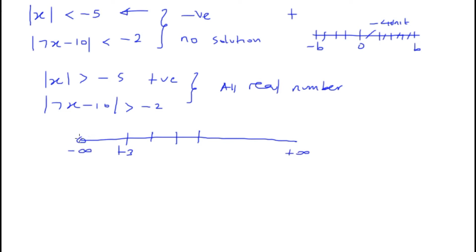All real numbers on the number line will be represented like this, putting an arrow right here and another arrow right here. That means you are going from minus infinity to positive infinity for all the real numbers.